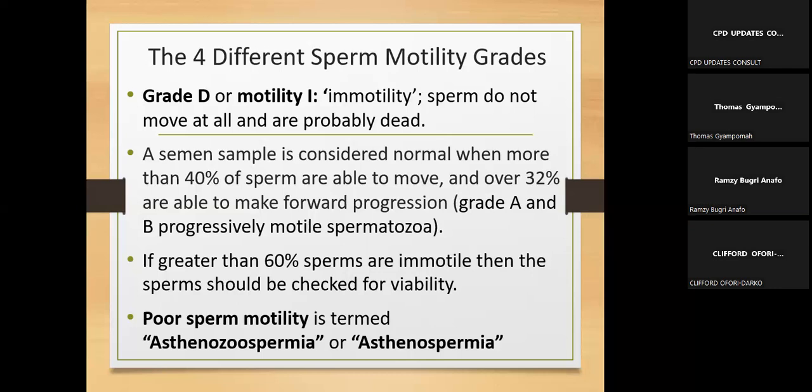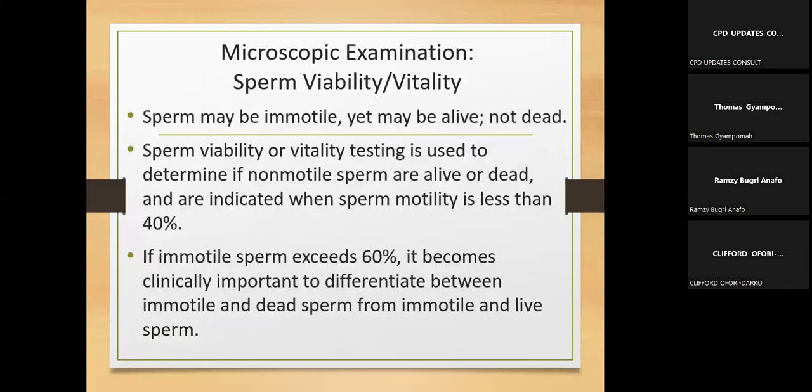Okay, so asthenozoospermia or asthenospermia is where the motility is abnormal. So we said that when the immotile component is more than 60%, you should investigate. So if immotility is, let's say, 20%, and the motile ones are over 60%, there's no need to do the viability test.